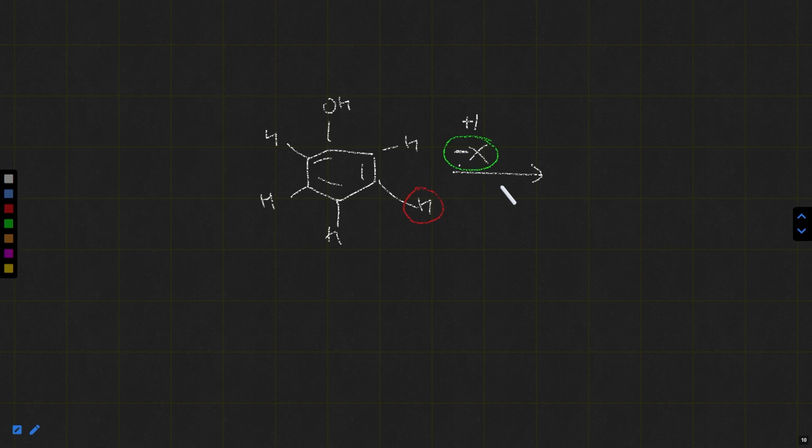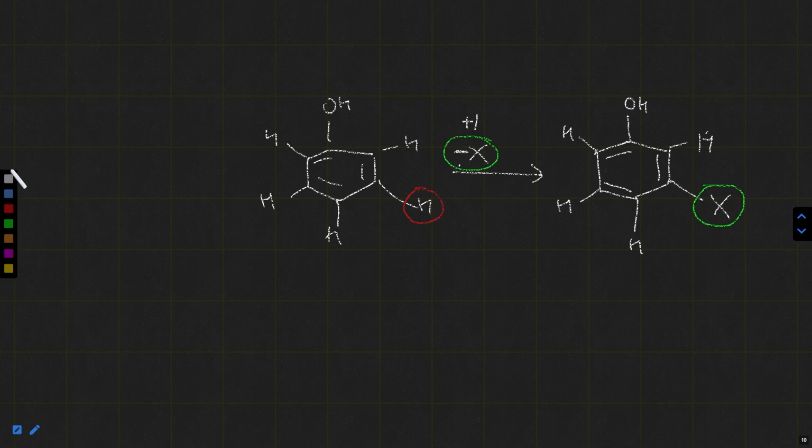It is a monoatomic species. We take one of these hydrogens and substitute it with this X. I will represent the remaining hydrogens as well, so that it makes a clearer picture. Now we have an X here, so we have substituted H with X. This is called a substituted phenol.